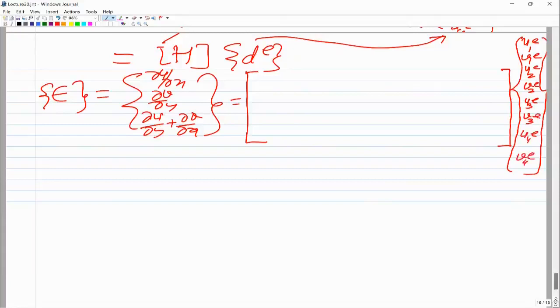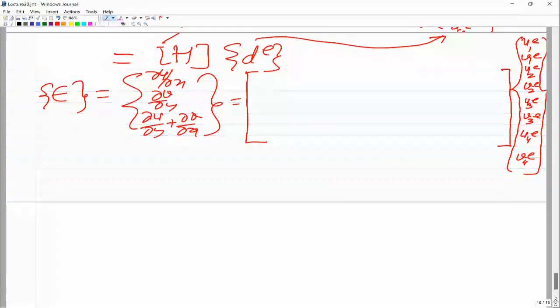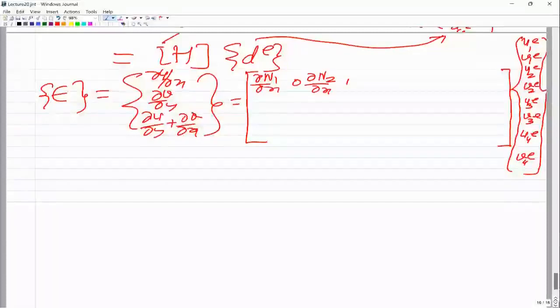And then epsilon xx, the normal strain along x direction, is del u by del x, and del u by del x would be del N1 by del x into u1e plus del N2 by del x into u2e, and so on. So we will put in the first, third, fifth, and seventh locations the derivatives of the shape functions. So we will have del N1 by del x, 0, del N2 by del x, 0, del N3 by del x, 0, del N4 by del x, 0.